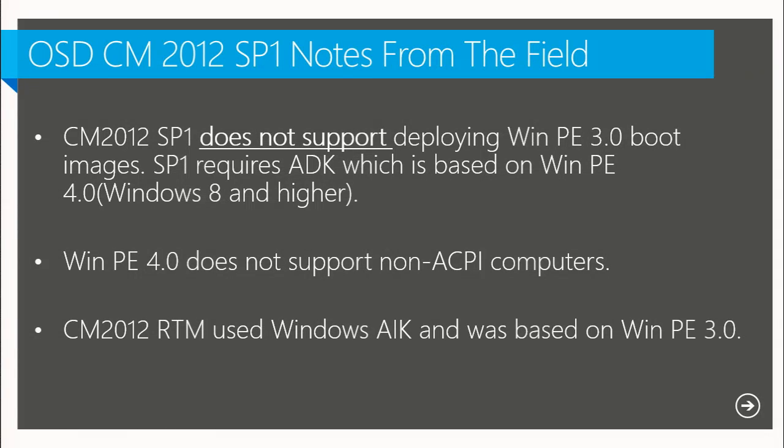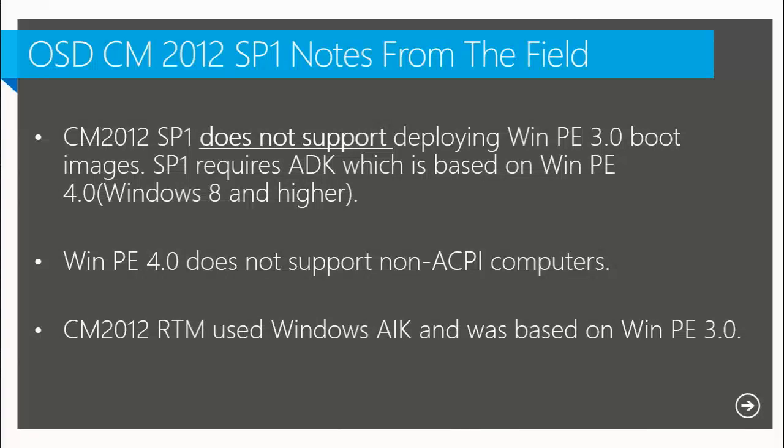So if you have legacy machines that are not ACPI compliant, then we can't use this boot image to deploy to those machines. It will not work. PXE will fail. So what do you do with those machines? You either stay on RTM until you can get your legacy machines up to speed, or you get rid of all your legacy machines in your environment, or you sneakernet it.